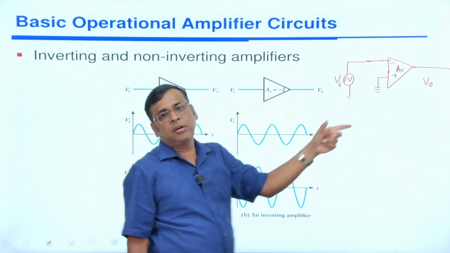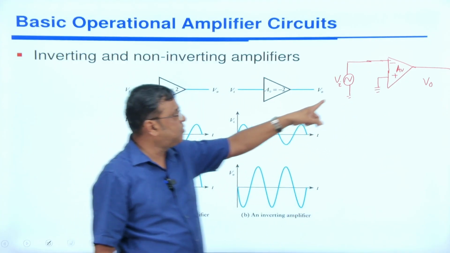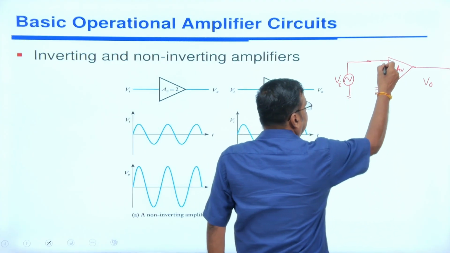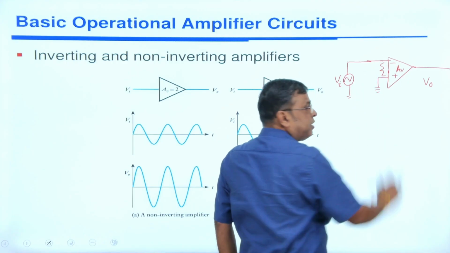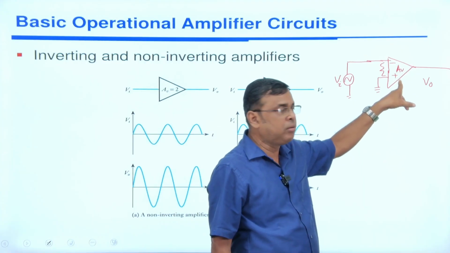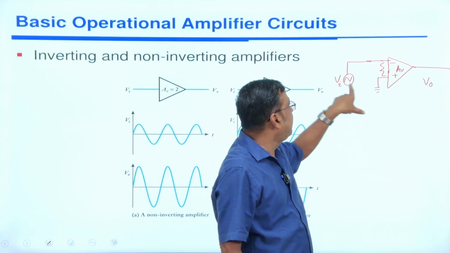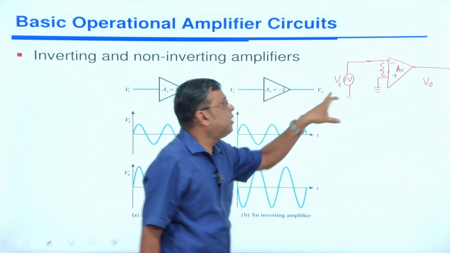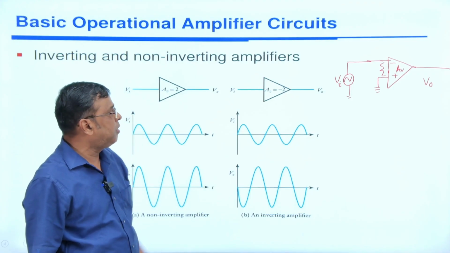Why is the non-inverting terminal grounded? Because of the virtual ground concept: if the gain is infinite, the difference voltage must be 0. If this is grounded and this is VI and this is V0, we are giving input to the inverting terminal here.